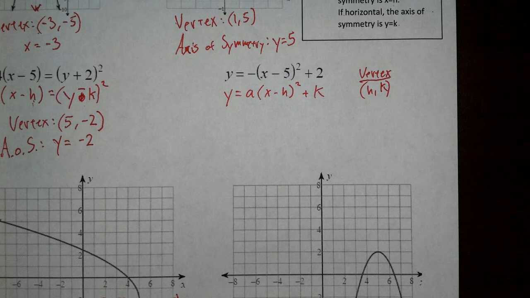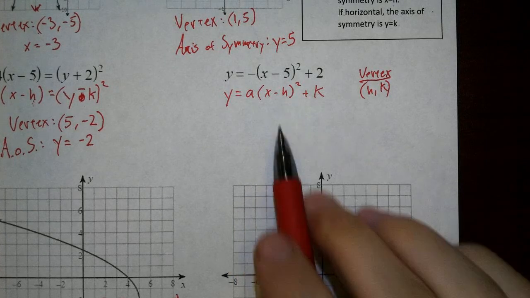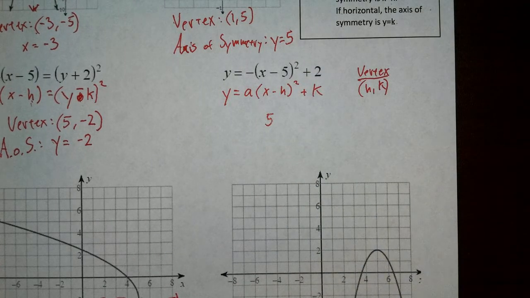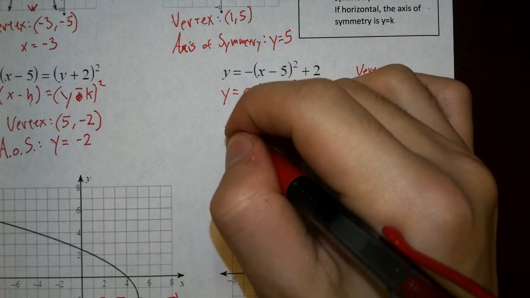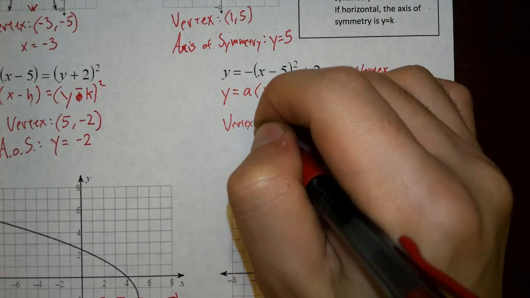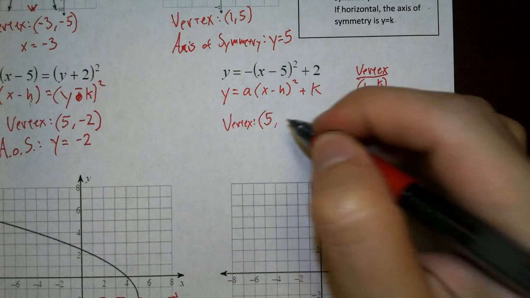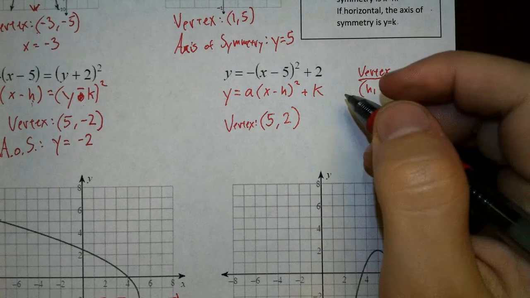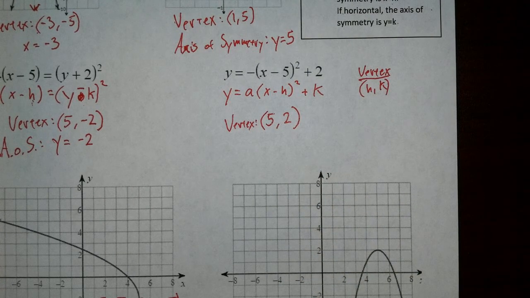But so, once we see this, we see that our x value, our h value, is going to be 5. And we see that our y value, our k value, is going to be 2. Okay, so our vertex is 5, 2.